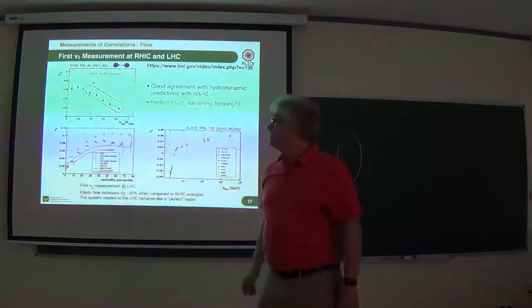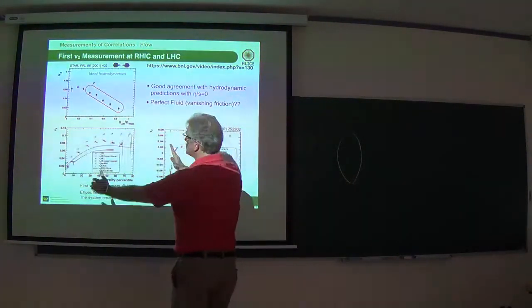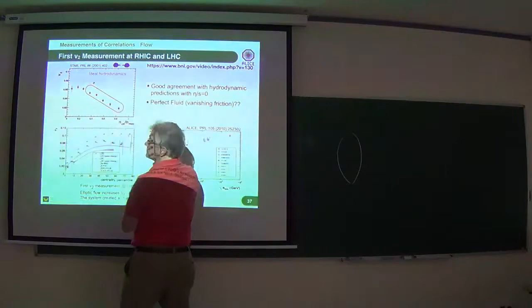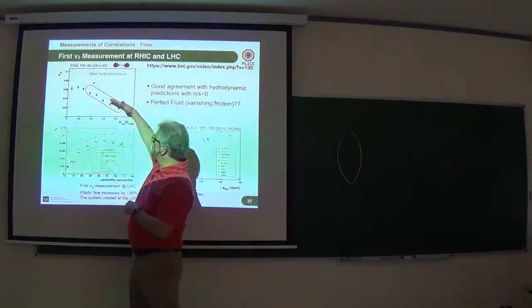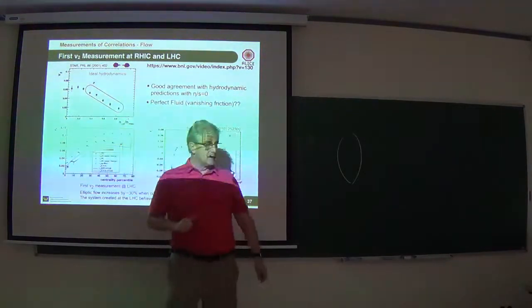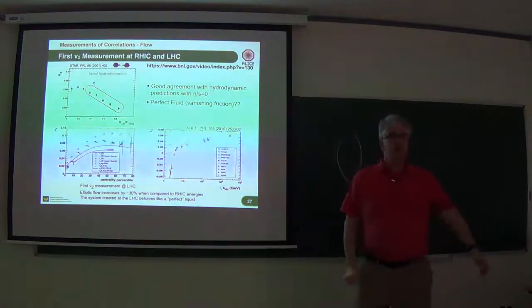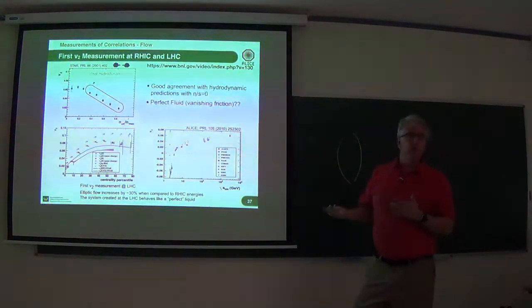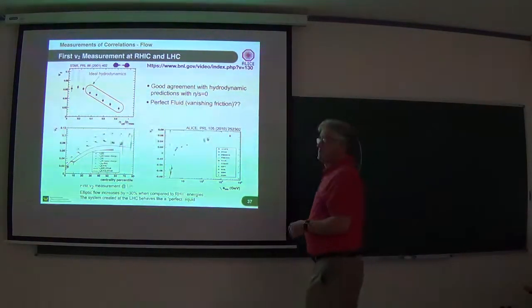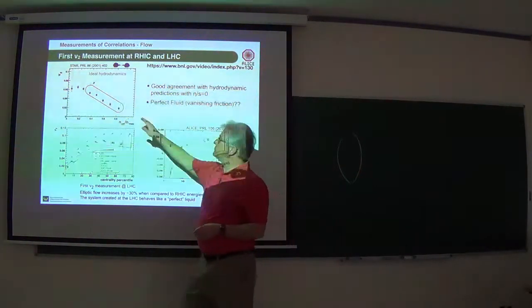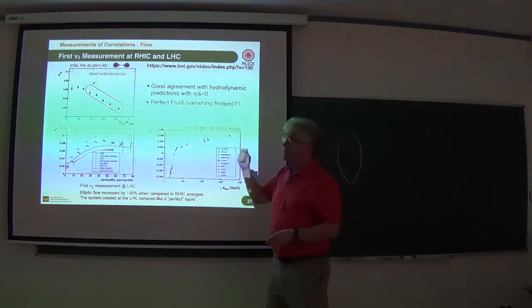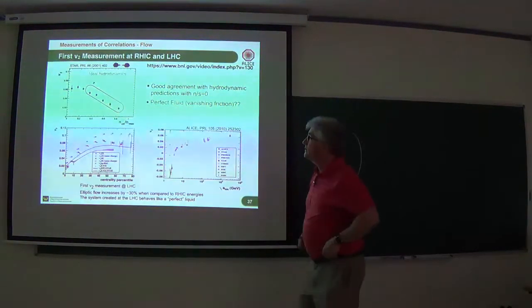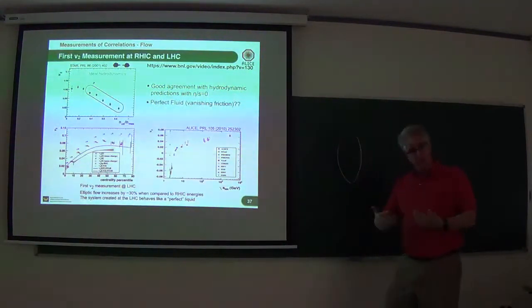And what you find is that at least for this region of collision centralities, there's a very good agreement between the calculation and the data. And this led to the notion of, okay, we made a perfect fluid. Why? Because we are able to reproduce the data pretty well with ideal hydrodynamics. Ideal hydrodynamics means no friction, no viscosity.